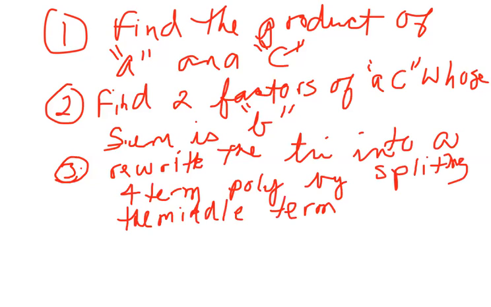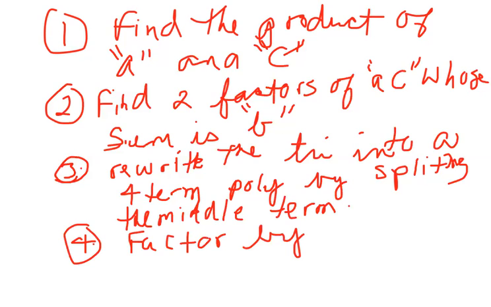That's why they refer to it sometimes as splitting the middle term. Number four, we're going to then factor by grouping. And factoring by grouping was covered in part one of factoring.